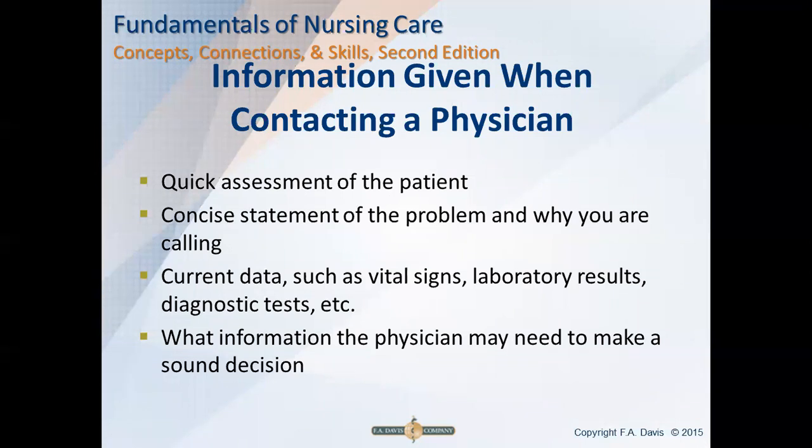Is it fluctuating? Is the temperature okay? Or compare and contrast the assessment right now with what you did 1 or 2 hours before, any fluctuation or not. Or the statement of the problem, why you are calling.